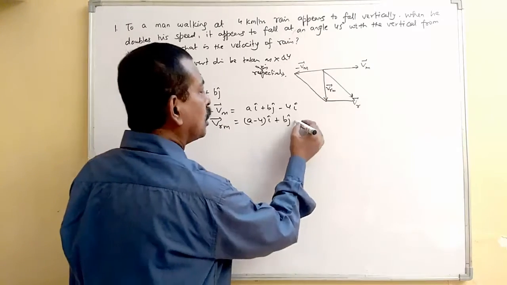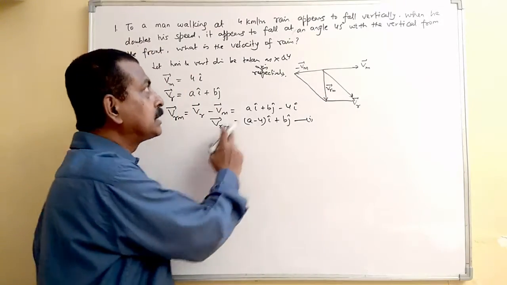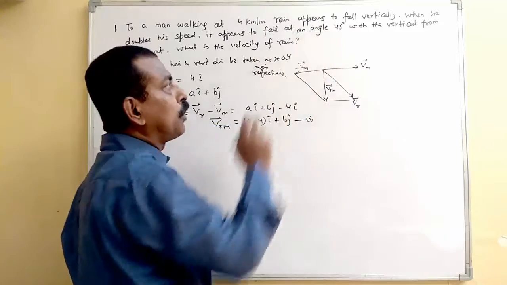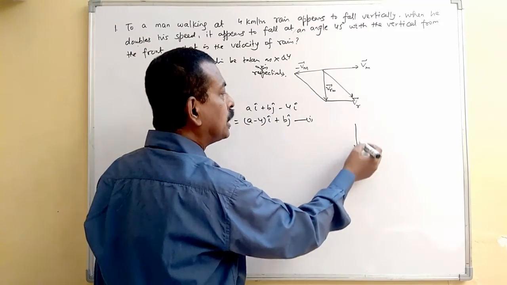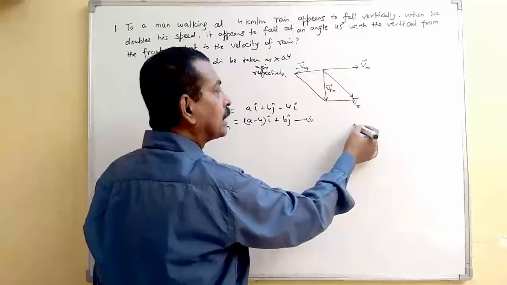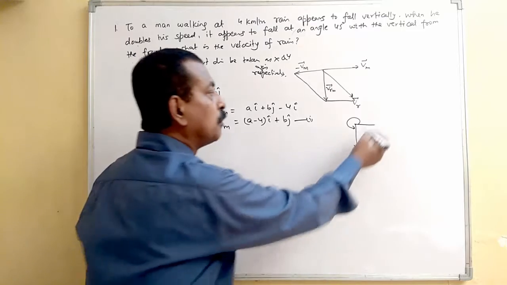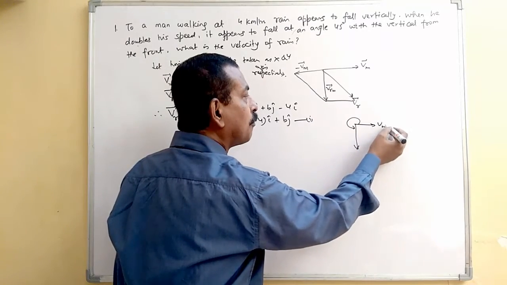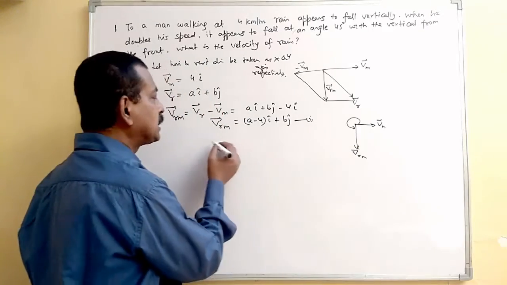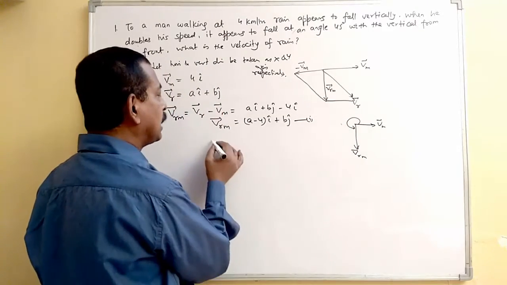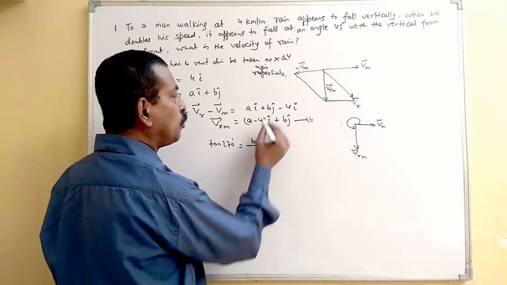Suppose I call this equation number 1. And it is given that rain appears to fall vertically. That means if the rain is falling vertically, with respect to the direction of man, how much angle is it making? Because the man was moving in this direction, Vrm is in this direction. So in this case, it is this particular angle, that is tan 270 degrees. This is your y component by x component.